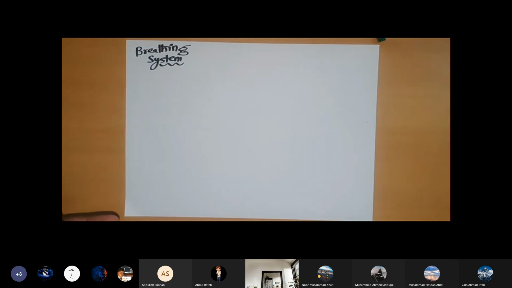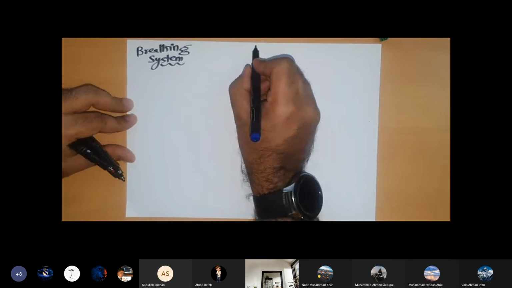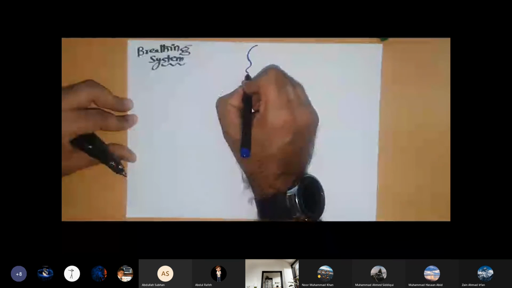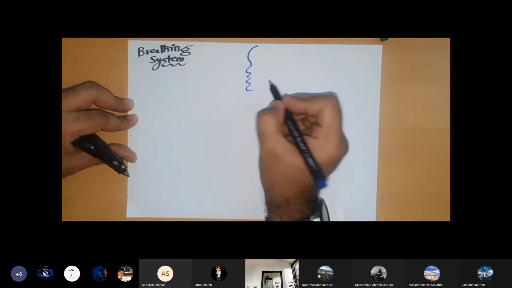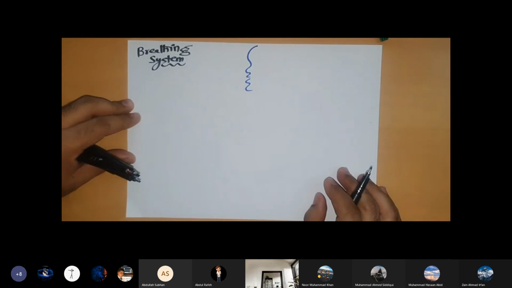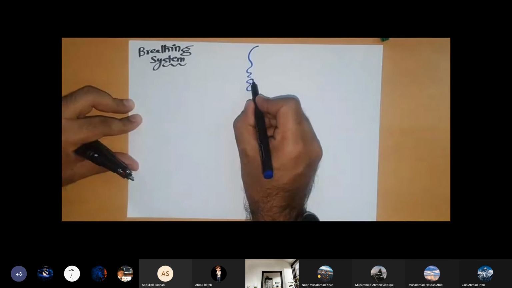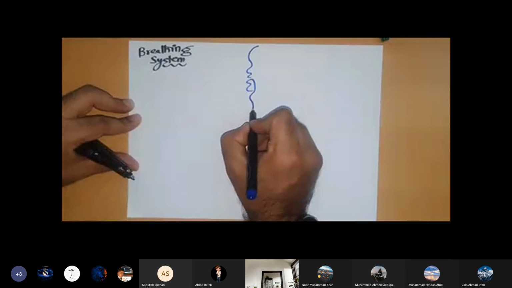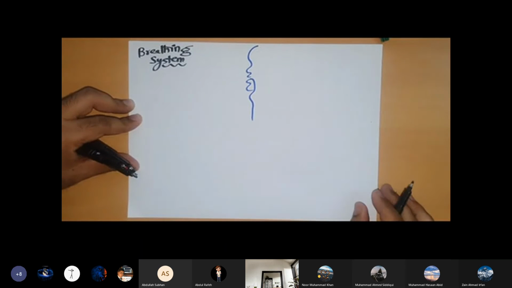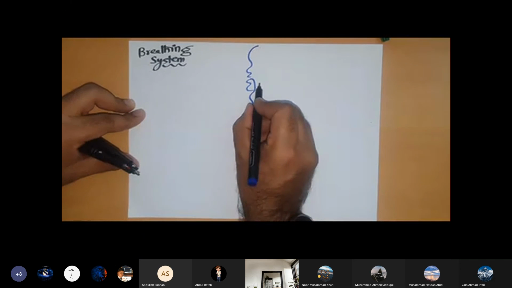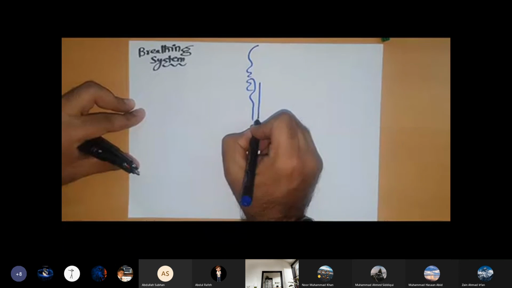For that purpose, first of all, we have to draw a small face. After drawing that, just draw a line like this, and then draw a line like this.